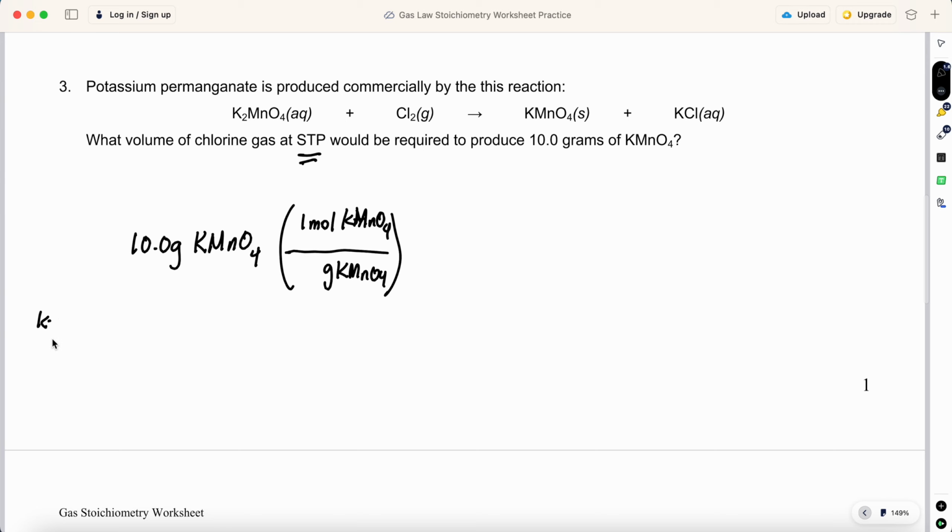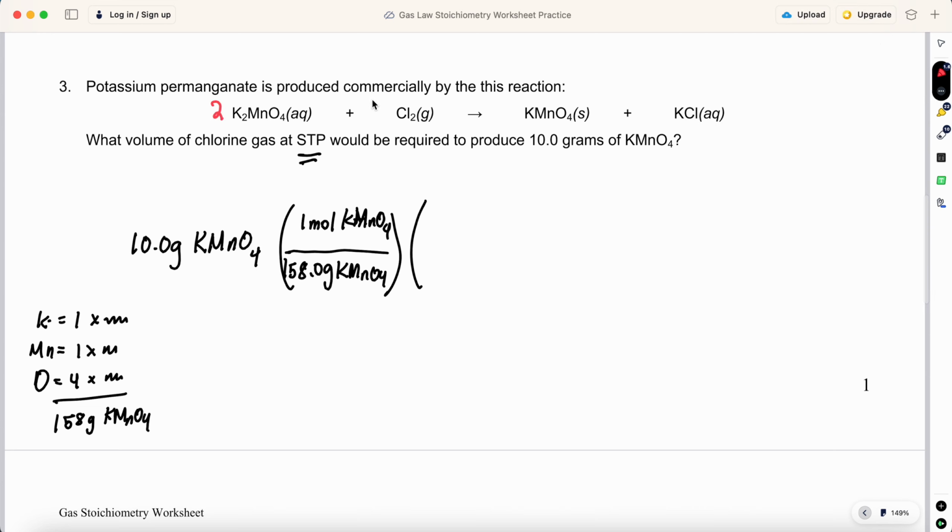You have K, Mn, O: 1 times its atomic mass, 1 times its atomic mass, and 4 times its atomic mass. So you get the sum of it. You should get 158.0 grams of KMnO4.